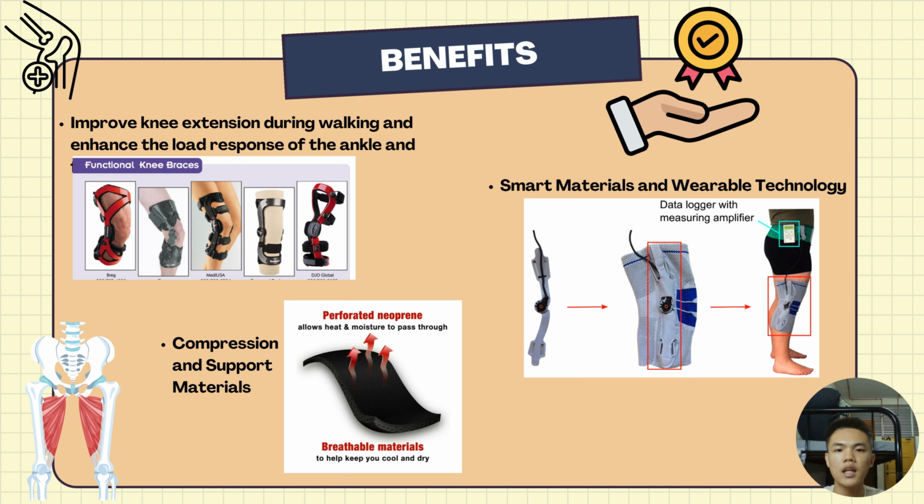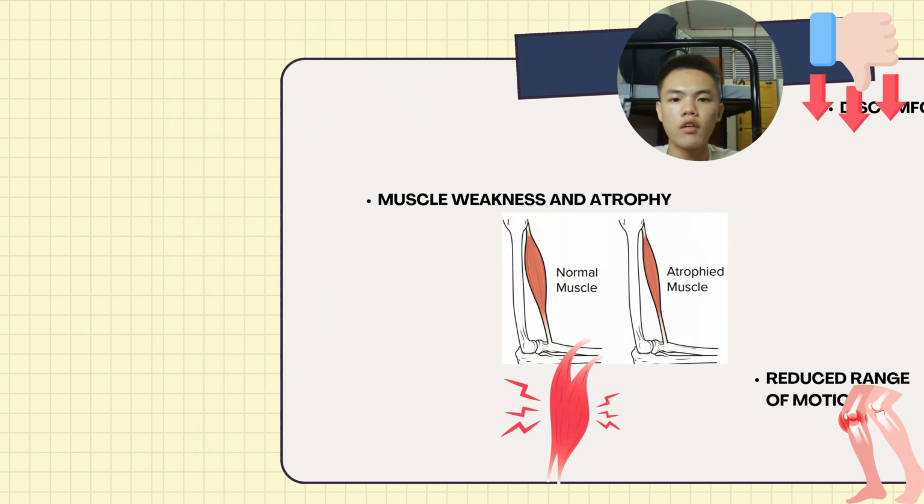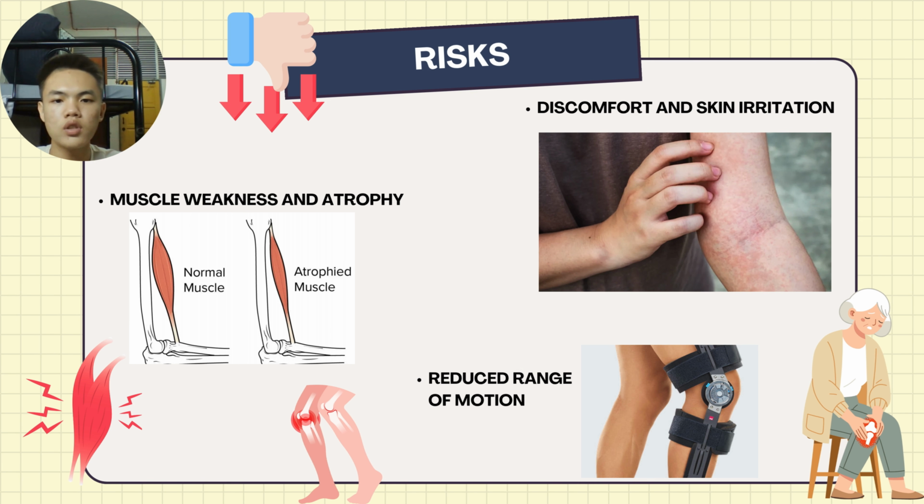However, for its limitations, prolonged use of a brace may cause muscle weakness. By providing external support, braces can reduce surrounding muscle activity, potentially leading to muscle atrophy and increased instability. Second, braces may cause discomfort, including skin irritation or chafing, especially when worn for long periods of time.